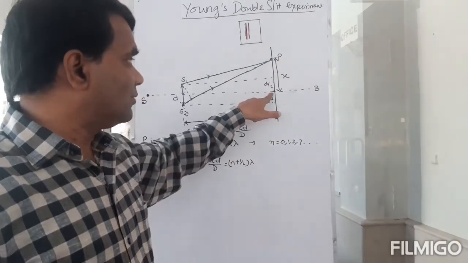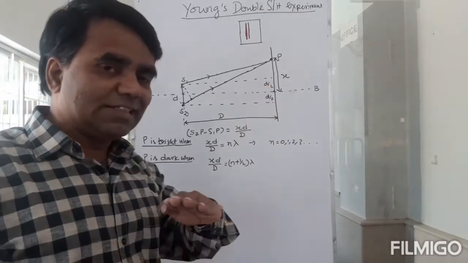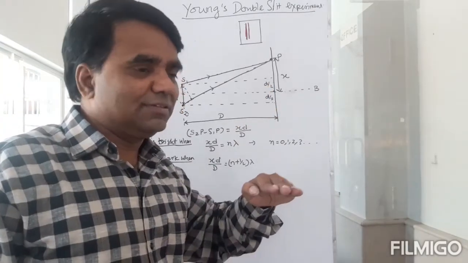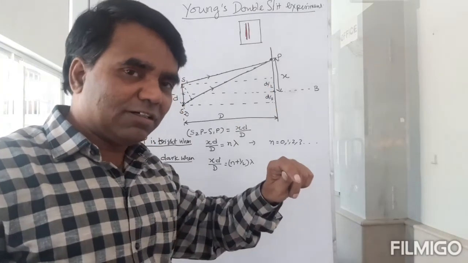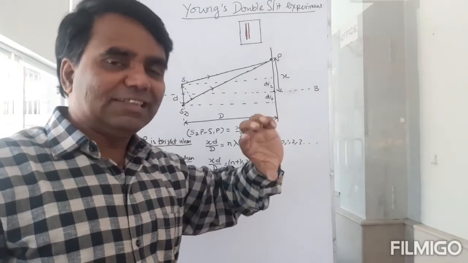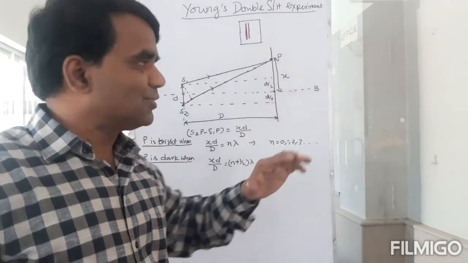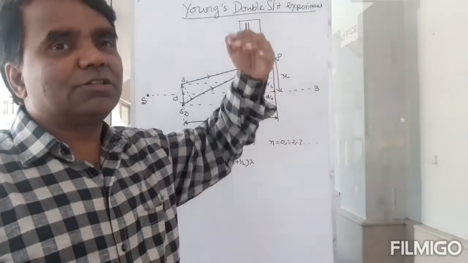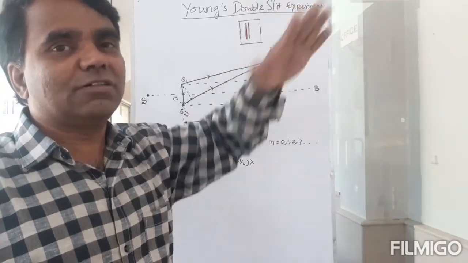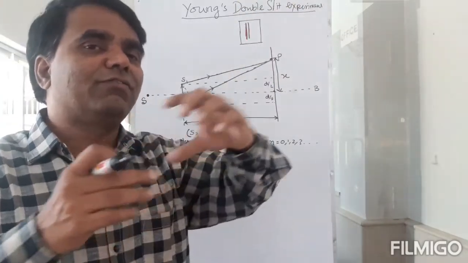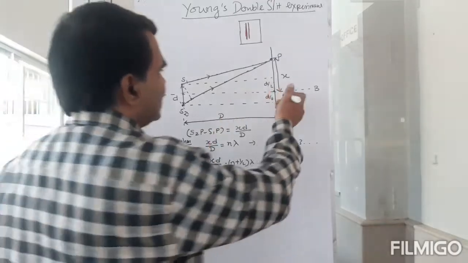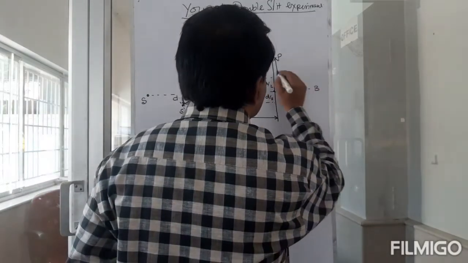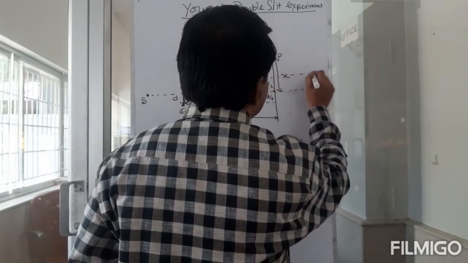You will go from bright to dark, then from dark to bright, then from bright to dark. So you will see a fringe pattern. You will have B here, and then you will probably have another B here.